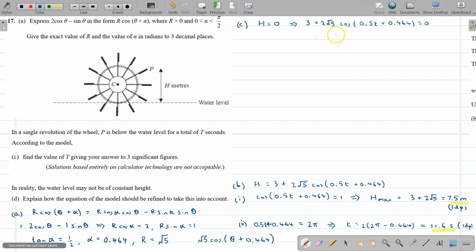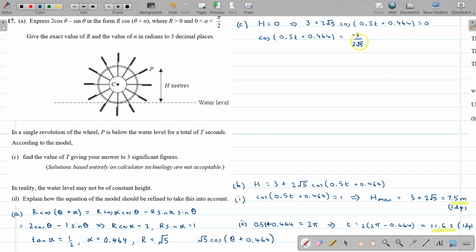And you can rearrange that to get that the cos of all of this stuff here is equal to minus 3 over 2 root 5. Okay, and that will have two values that it will return.